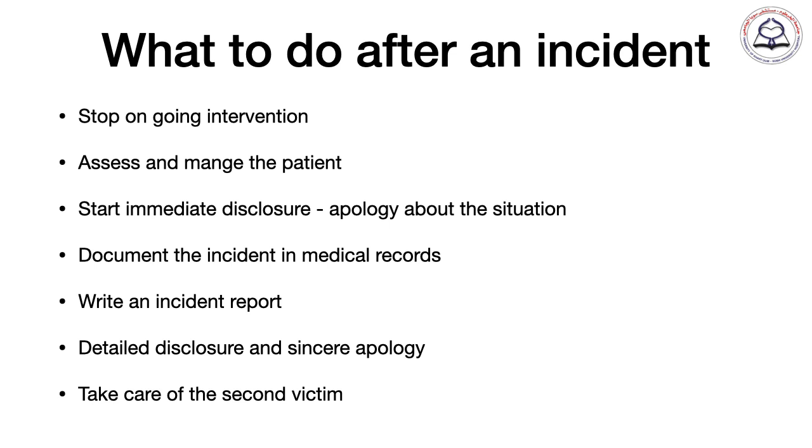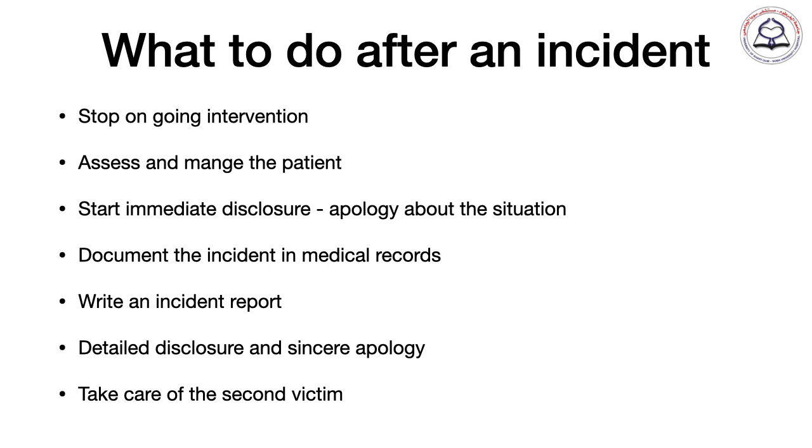This generally depends on at what time and at what stage did we discover the incident. Generally, like if there is infusion going on, wrong blood product or wrong dose of medication, the first step is to stop that, so that we avoid further exposure to this wrong intervention.